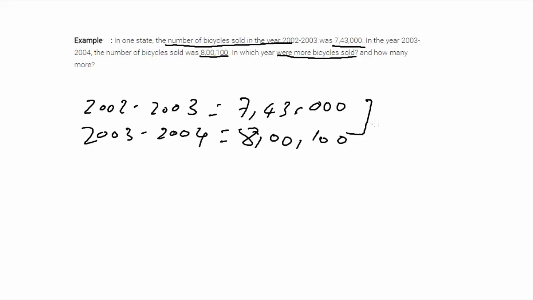So compare between these two numbers and find which is the greater number, so that you can tell in which year more bicycles were sold. So you can write, in year 2003 to 2004 more bicycles were sold.